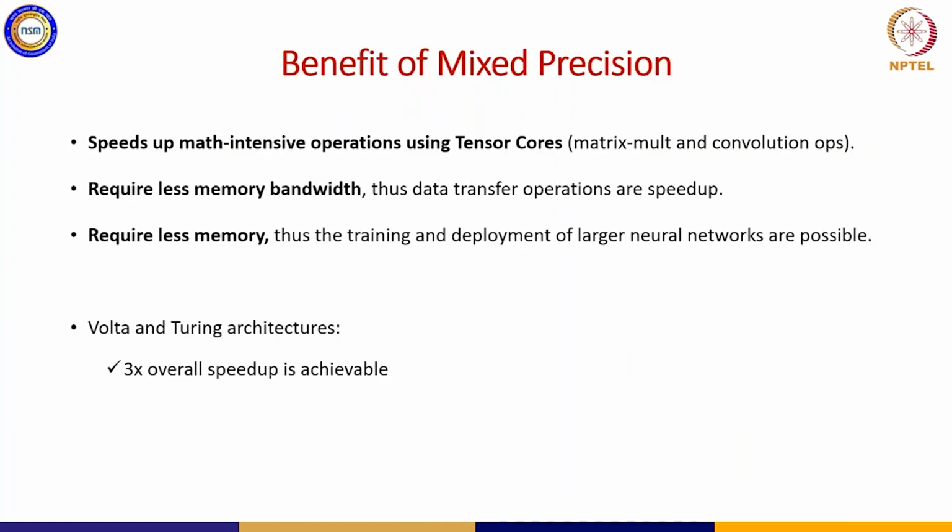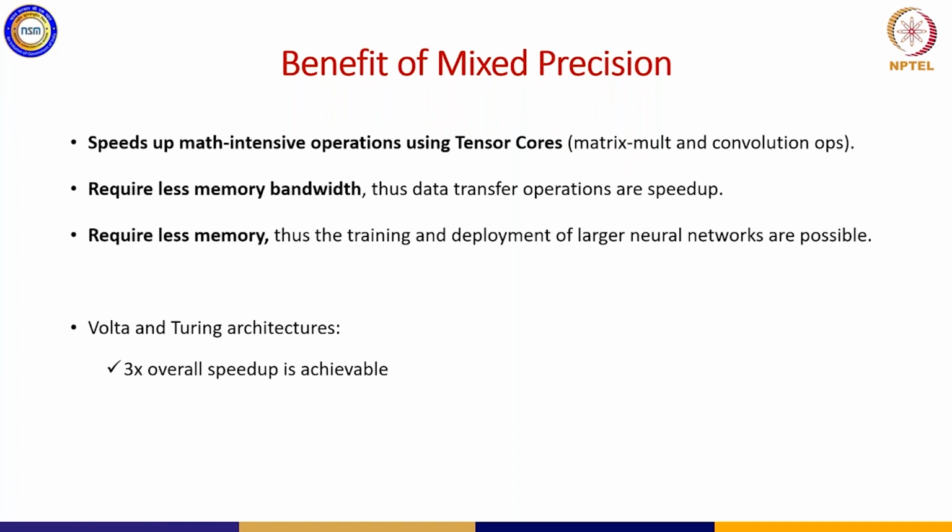So what are the benefits of mixed precision? The first thing is that with mixed precision, you are able to perform matrix multiplication and convolution operations in your deep neural network with maximum speed up. That is, math intensive operations are being performed using the Tensor Core. Like I said before, the Tensor Core is dedicated for such operations, and it also requires less memory bandwidth.